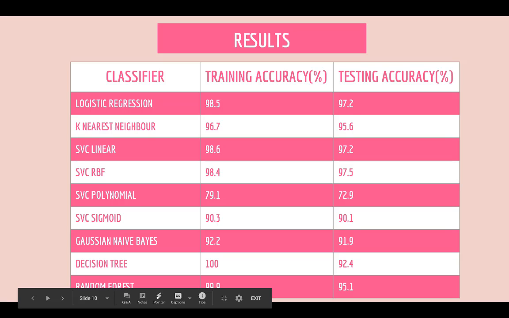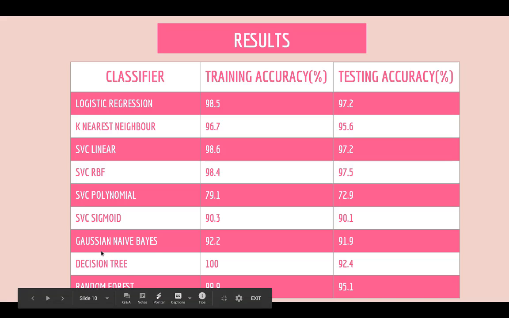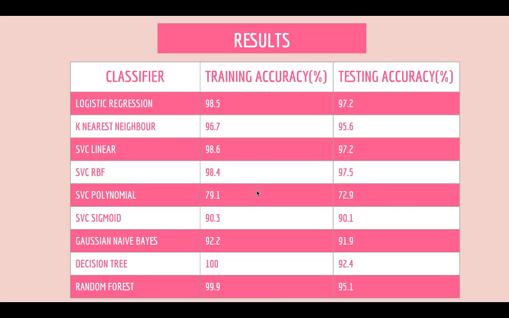So part A of the implementation discussed the comparison of classifiers, supervised machine learning classifiers, and this chart summarizes the results of part A. So it says that the SVC polynomial performed the worst, as it showed an accuracy of 79.1 on the training and 72.9 on the test set.